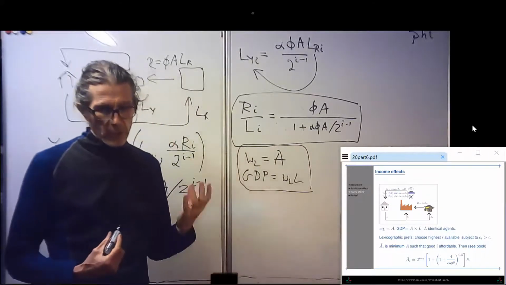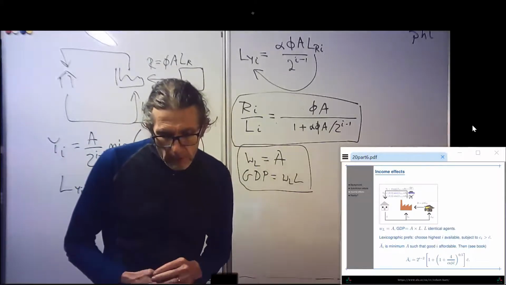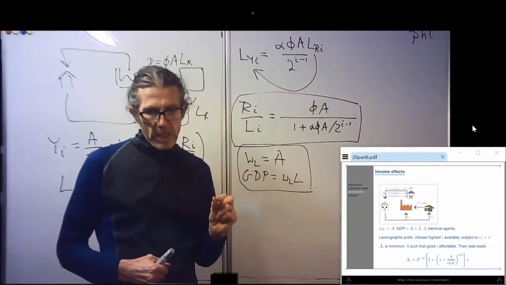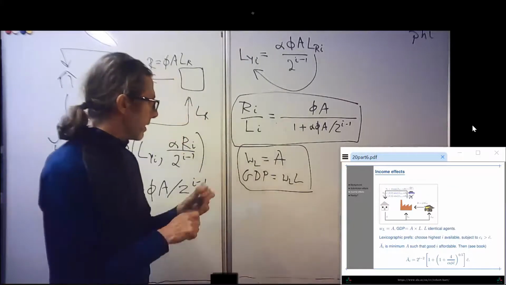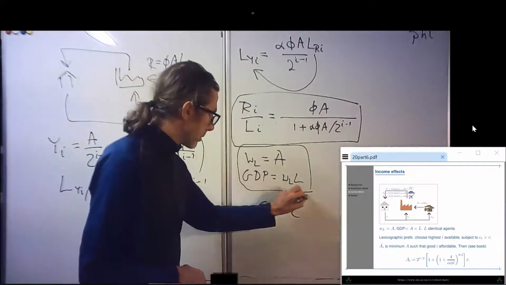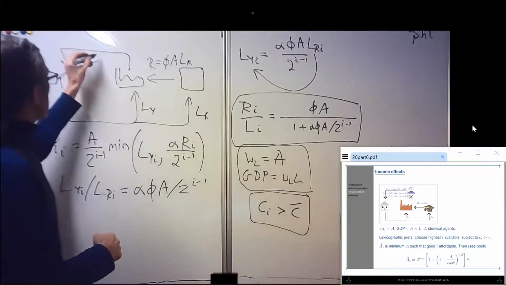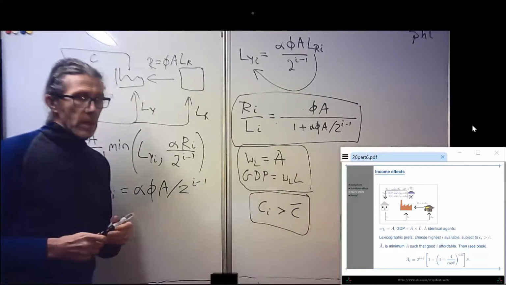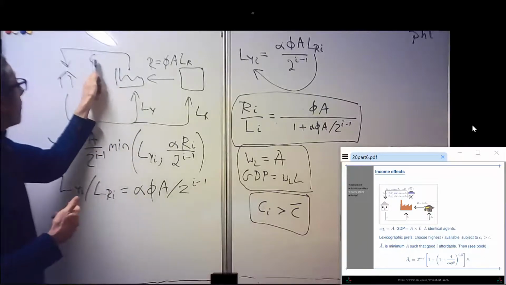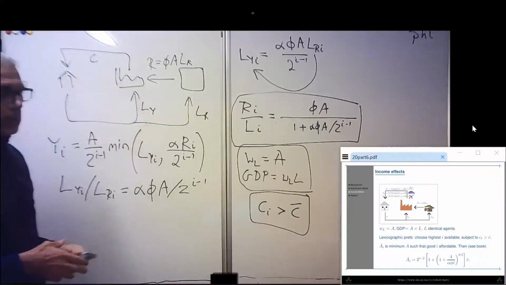You choose the highest A you can afford, subject to a restriction that C_I must be higher than C bar. So this is C, your consumption. And you're going to choose the highest I you can afford, subject to a minimum quantity of the good.